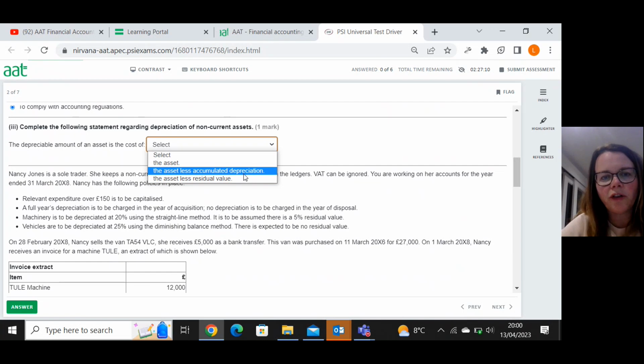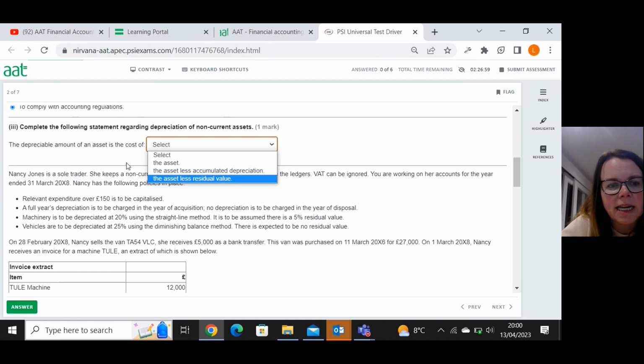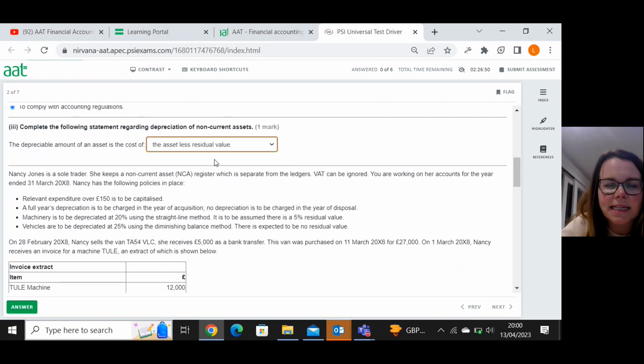Right, so the cost take away accumulated depreciation gives us the carrying amount. That's the amount that's shown in the accounts. The depreciable amount is the amount that needs to be spread over the useful life as fairly as possible. So the correct answer is going to be that, the asset cost less the residual value. The residual value is just what you expect to get for that asset at the end of its useful life.